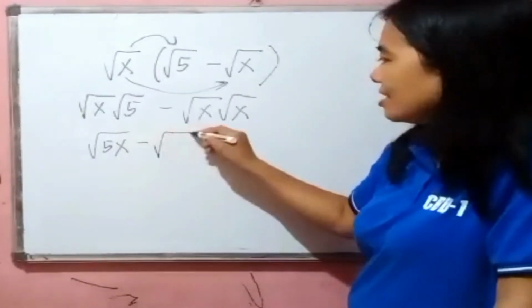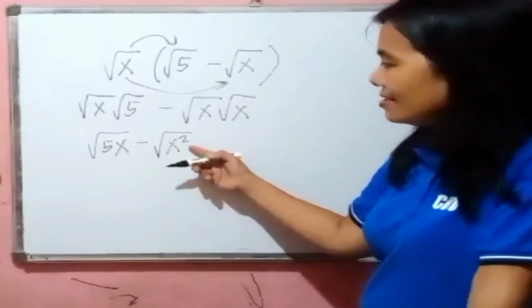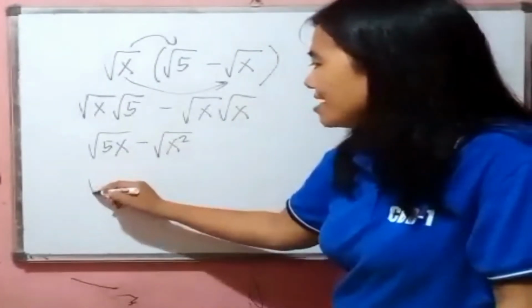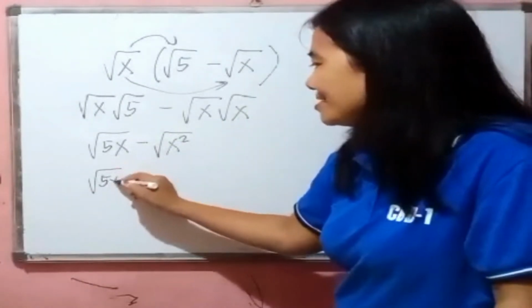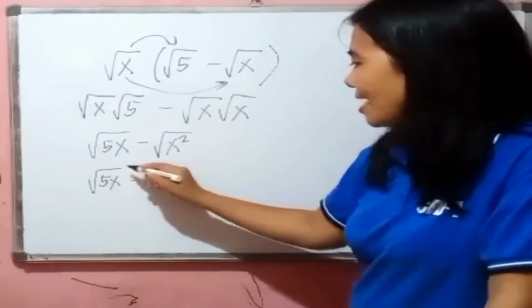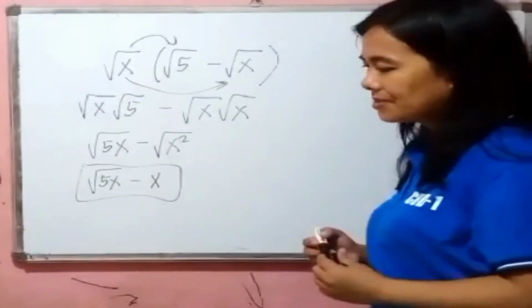So, x times x is x squared. Pero, x squared, tapos yung index mo ay 2, so kailangan siyang lumabas sa radical side. So, x squared, meron tayong isa. So, that is the final answer. Okay.